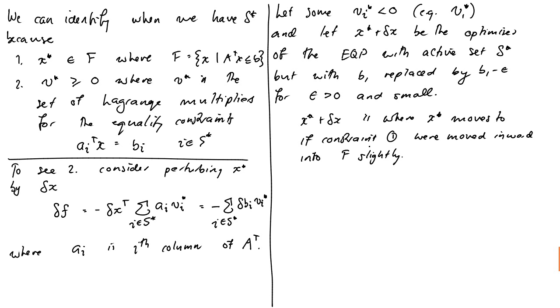Note that if we reduce one of the right hand sides by a little bit, then the solution we'll get will be in the original feasible region. That's because the resulting x will satisfy the perturbed constraint and will therefore satisfy the original constraint as well, because it's going to be slightly less than b1. Okay, so we're going to maintain feasibility by doing this. So, as epsilon is greater than 0, x star plus delta x is feasible.